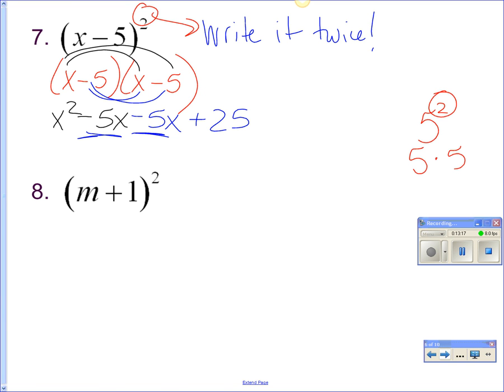Just like on our warm-up problem, the only things that cancel are a negative and a positive. So these don't cancel. You put them together, so 5 and 5 is 10, negative 10x, and drop your other stuff down. All right, number 8.